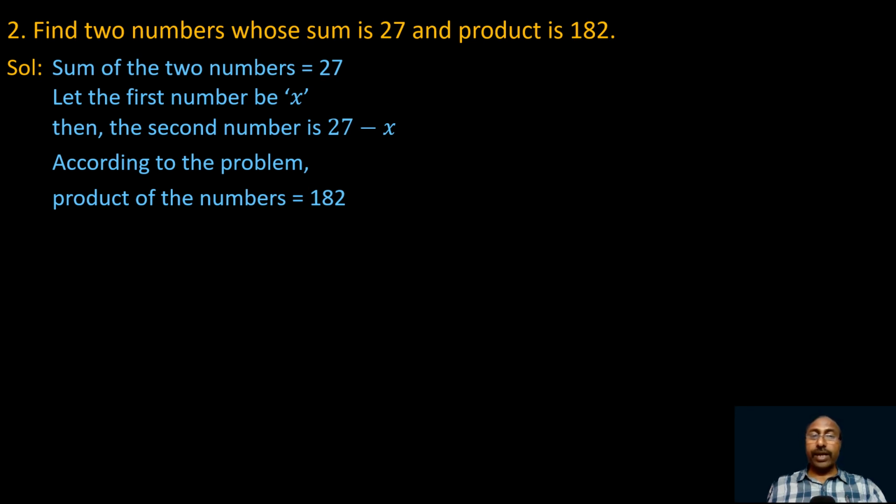That is, the product of x and (27 minus x) is equal to 182. So this is the equation we can write using the given problem, and we have to find the roots of this equation to find the required numbers.